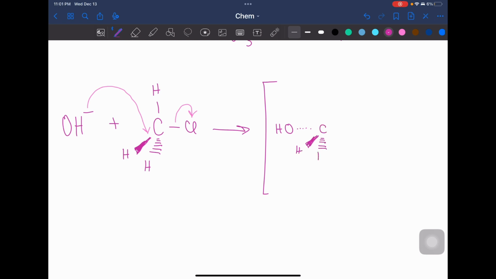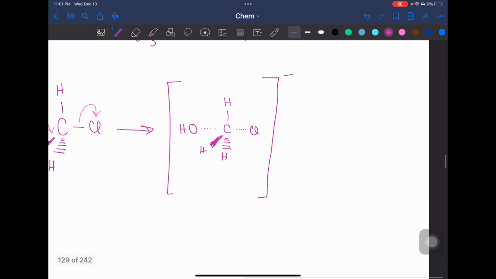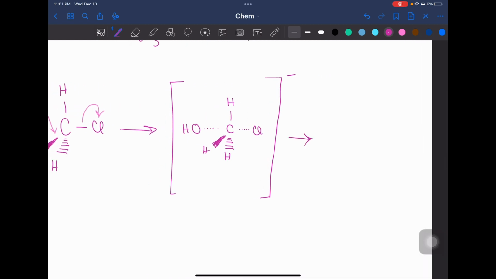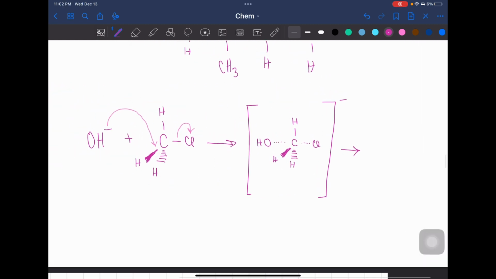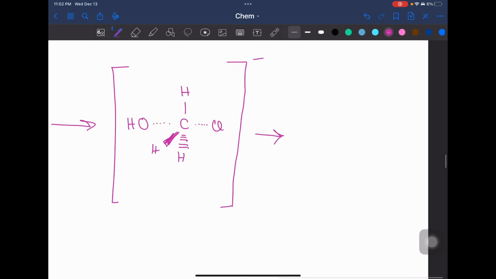H, H, H. And we're also going to have the Cl on the left-hand side. And we have to remember that it has an overall negative charge. And then we are going to have our final product, which is going to be the OH connected to the C. And now the H's are going to flip because it's side-specific, stereo-specific, I mean.